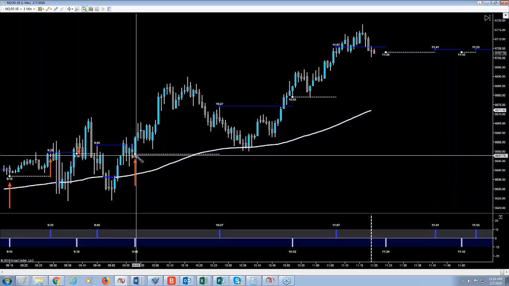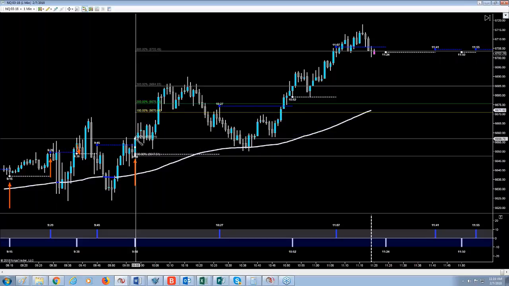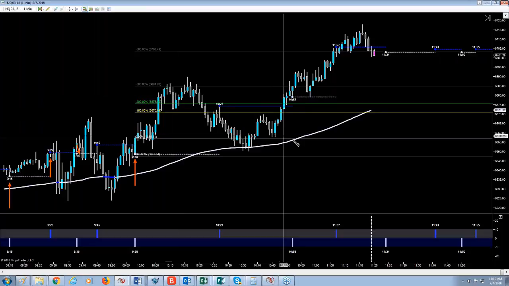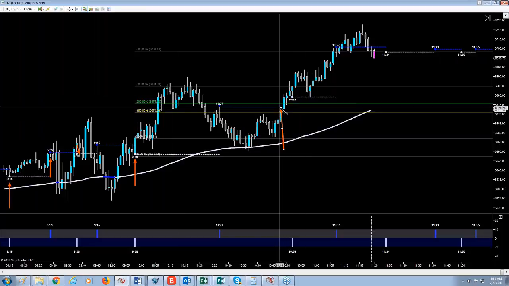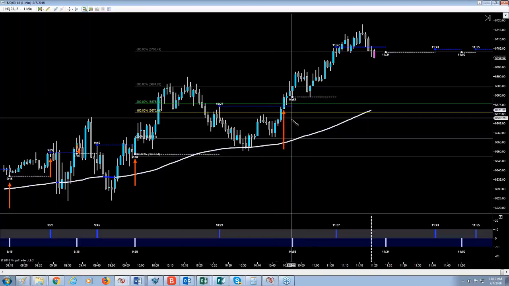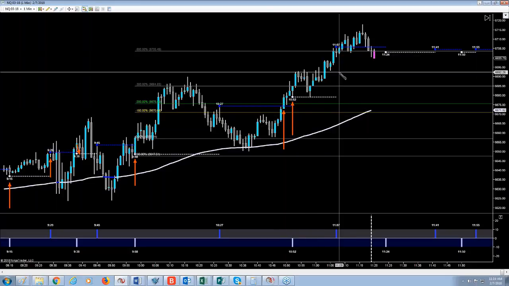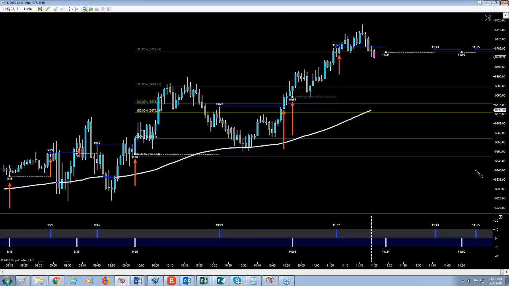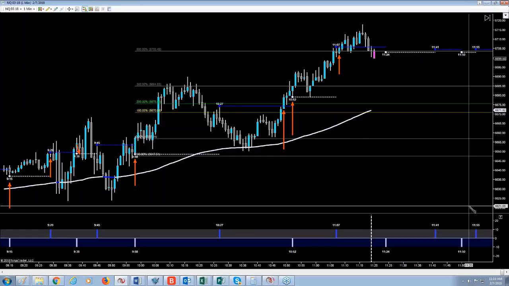That one was right on the money. 10:27 brought us back down, and then Ron, we had the puncture right here. That was good for 6 to 8 ticks, and then we had another signal, Ron, at 10:52 that worked, and then the next puncture was at 11:07 on the NQ using the 1 minute chart.